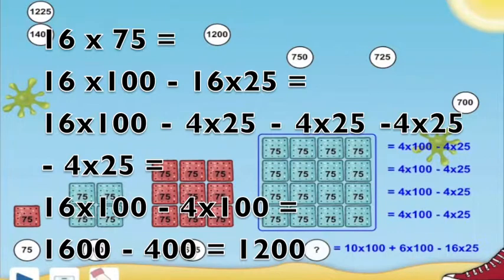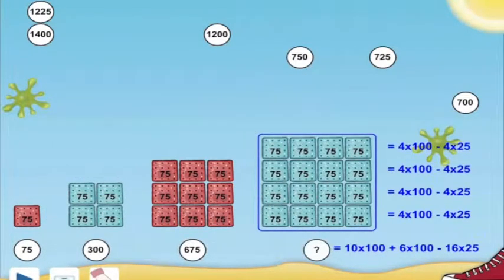Well, each 4 25's is 100, so we get to the next step where 16 times 100 minus 4 times 100, which is a very easy calculation. 16 times 100 is 1600, 4 times 100 is 400, so we obtain the total of 1600 minus 400 is equal to 1200. Note that we do not need to use the previous pattern to help us find the total of the last pattern. Let's go ahead and solve it.